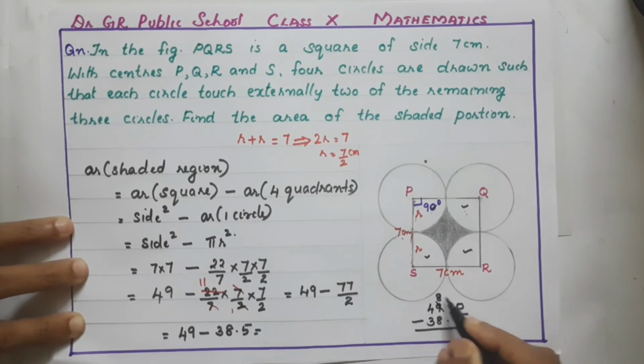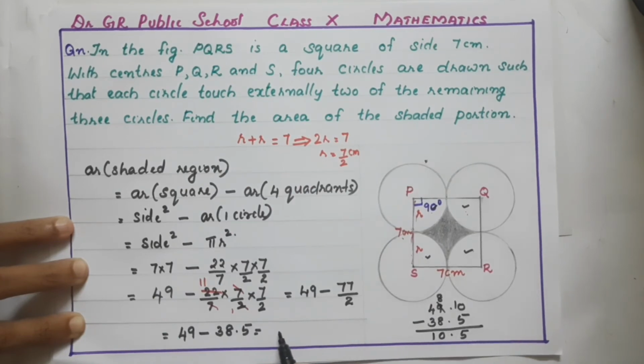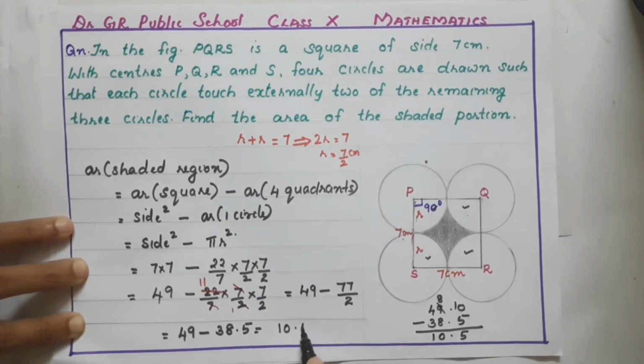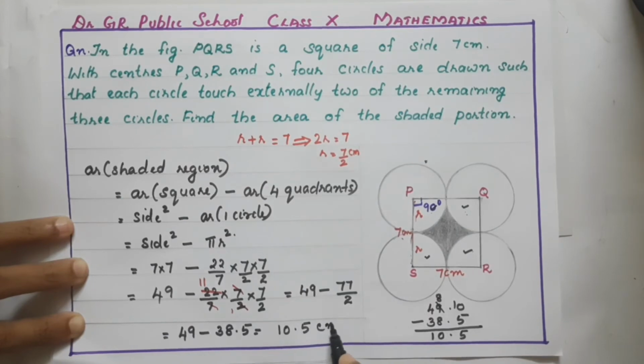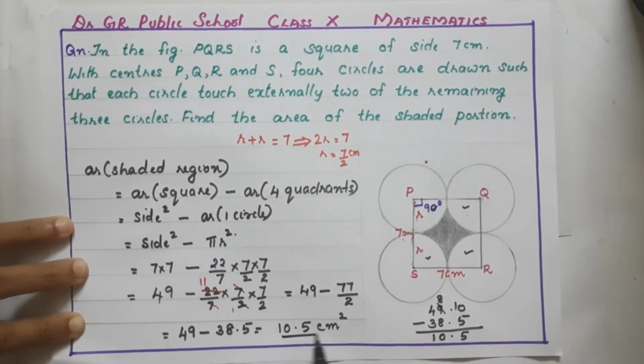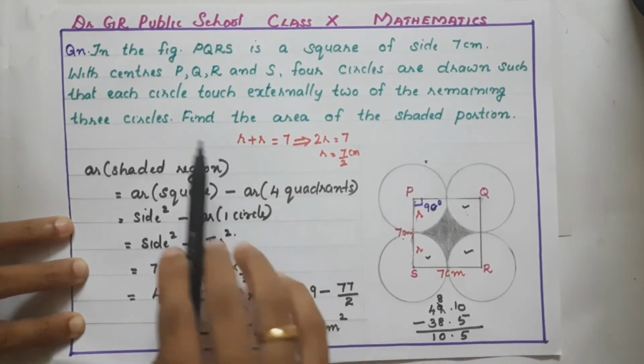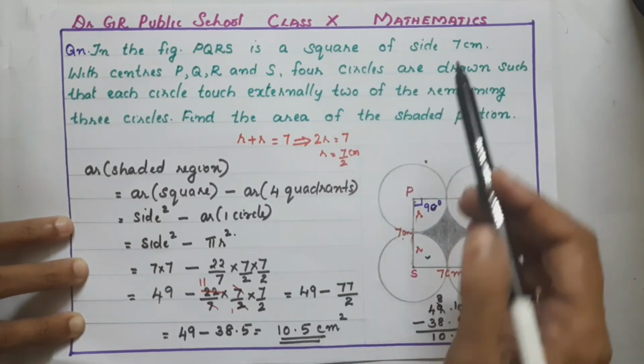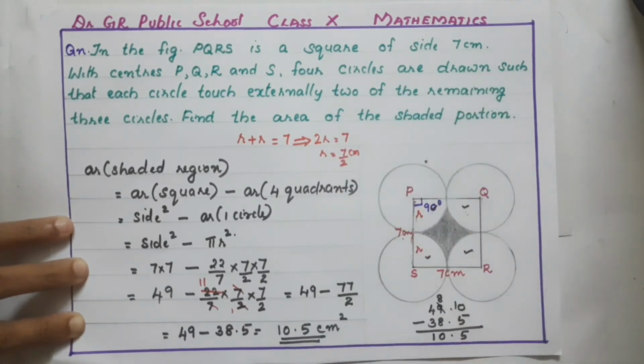So here 8, here 10. 5 decimal point 0 1. So what is the answer? 10.5 centimeter square. Don't forget to write the unit. Here the side is given in centimeter. So the answer area is also in centimeter square.